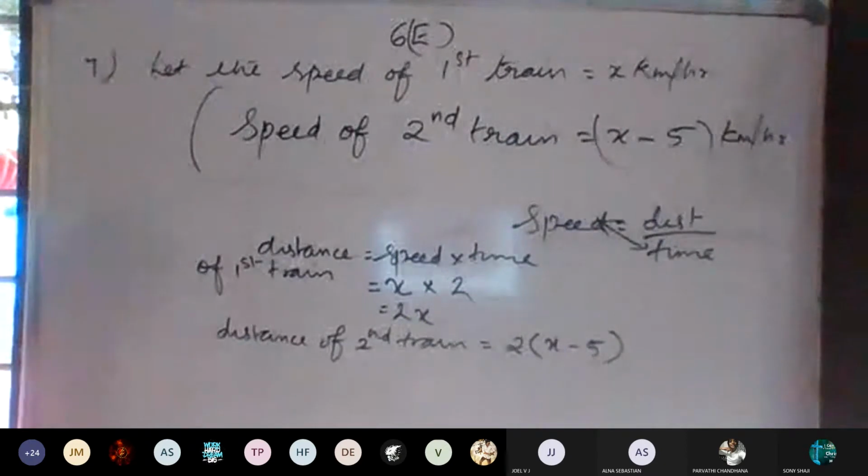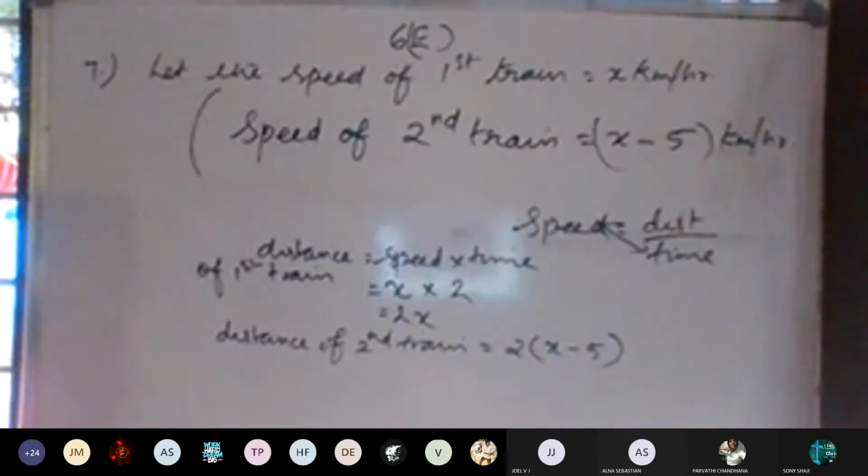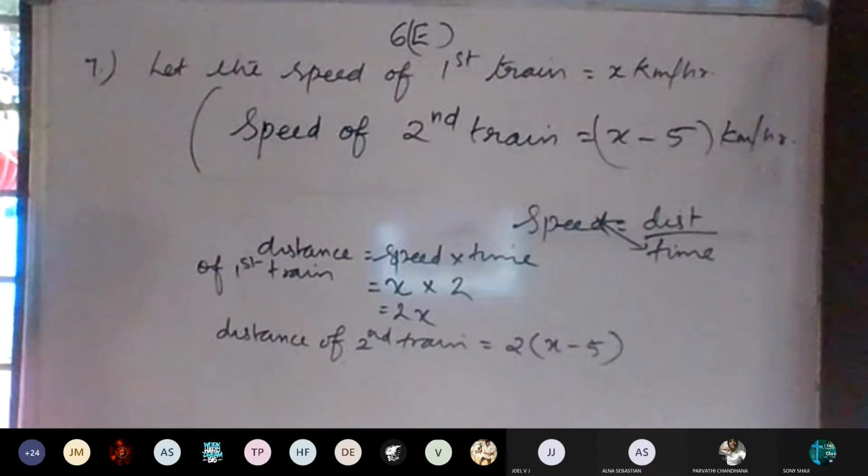Then read the sentence: they are 50 kilometer apart. So the distance is given as 50 kilometer.